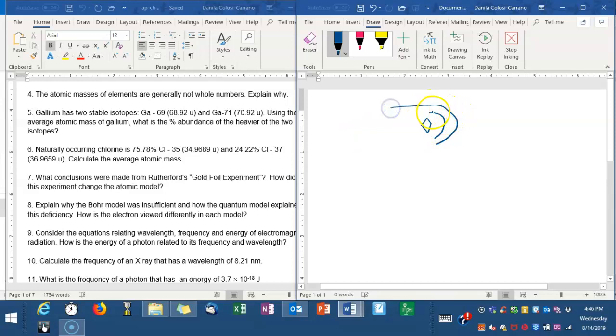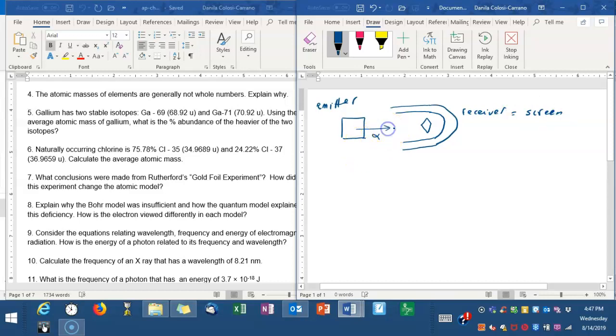So this one keeps on going, let's say like that. Then there was an emitter. So this is your emitter. This is the shooting of the alpha particles. So this is the gold foil, and this is the receiver, which is just a screen.